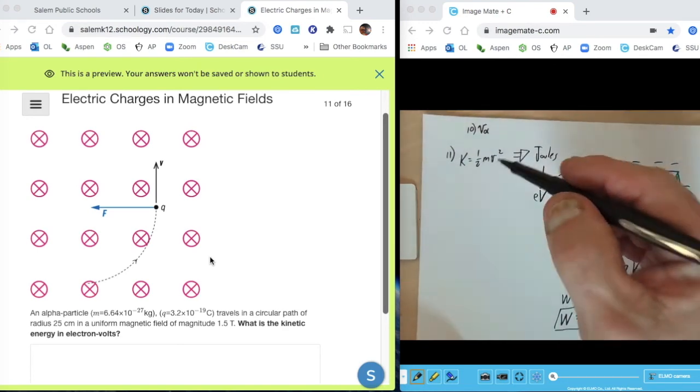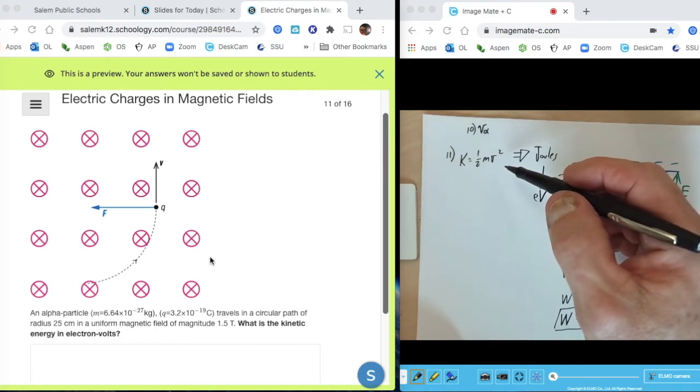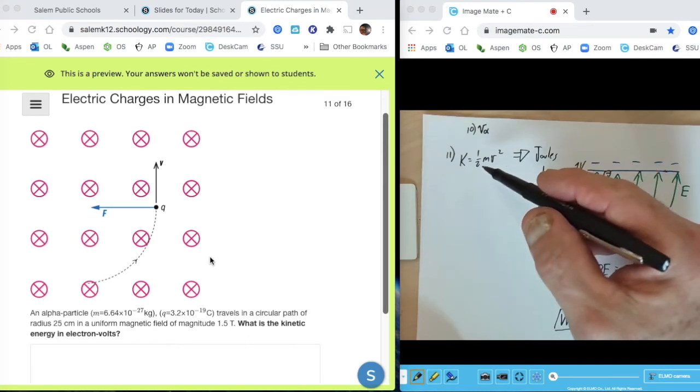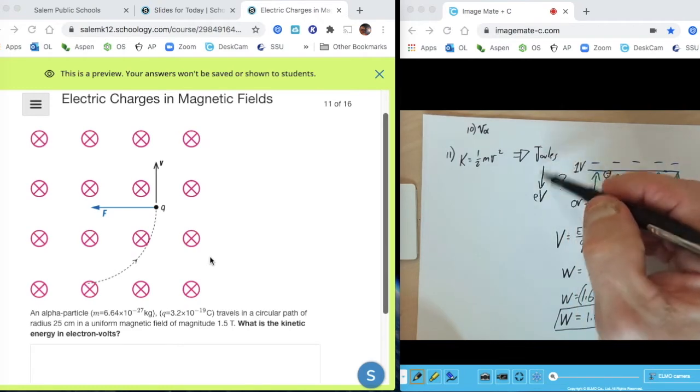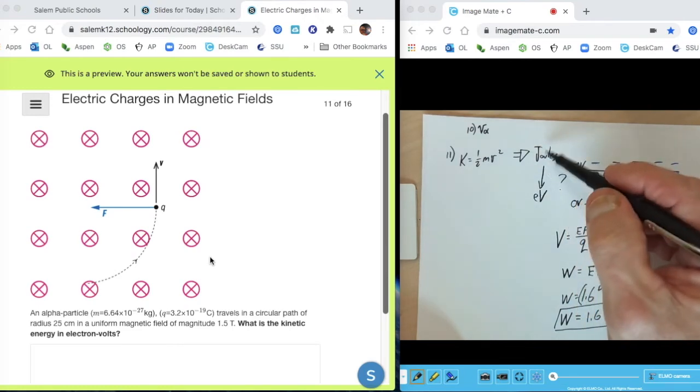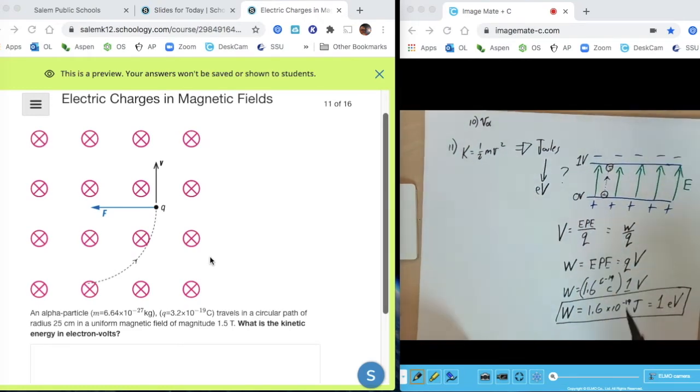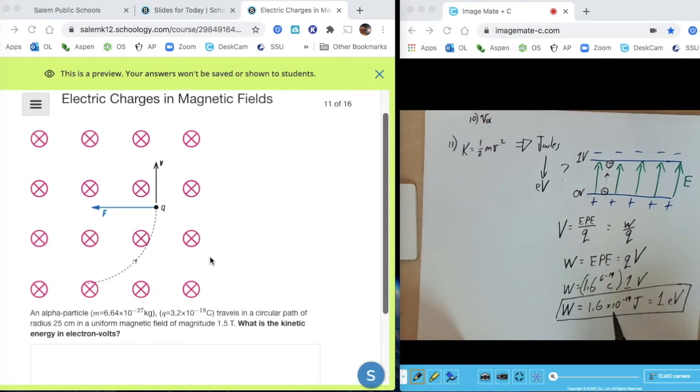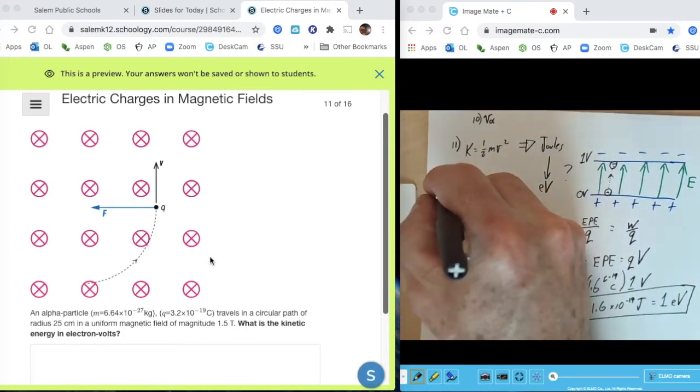So when you run this equation for number 11, what is the kinetic energy in electron volts? When you run this equation, you're going to get it in joules, right? But then just use this conversion factor, that 1 EV is 1.6 E negative 19 joules, and that'll convert it into EVs. For example, I'm just going to make up something silly.